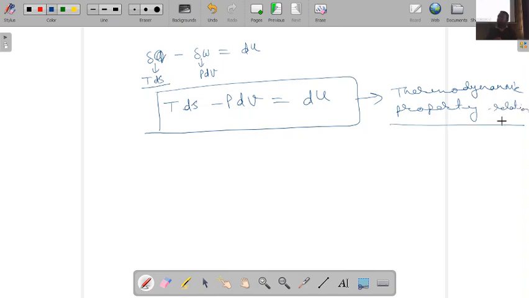One important point: being a property of the system, this should be applicable for any process, reversible or irreversible, because properties do not depend upon the path.